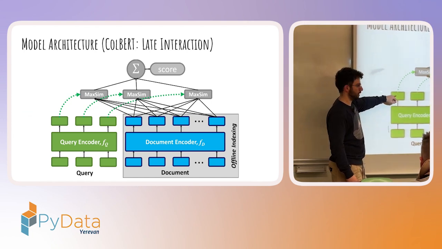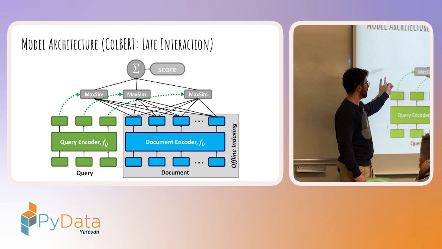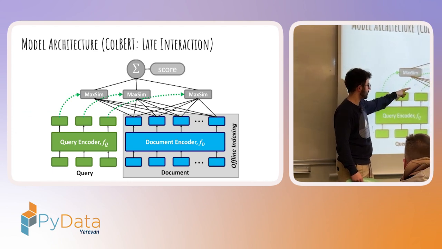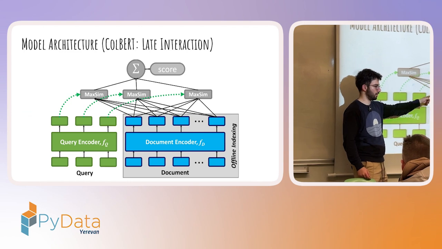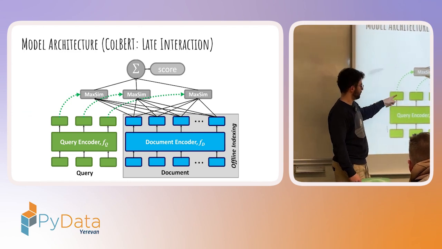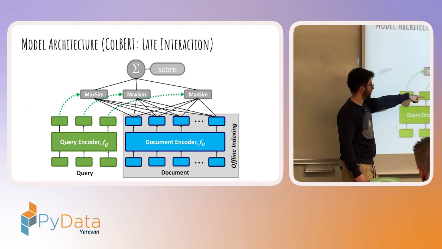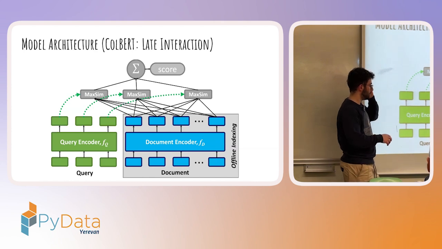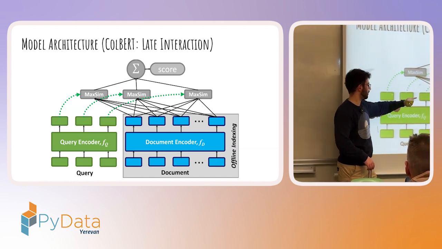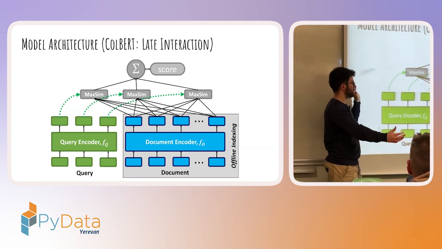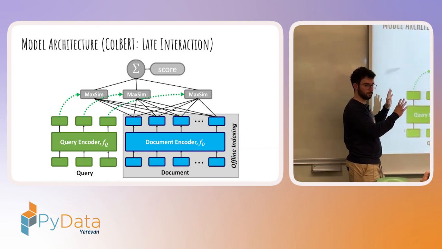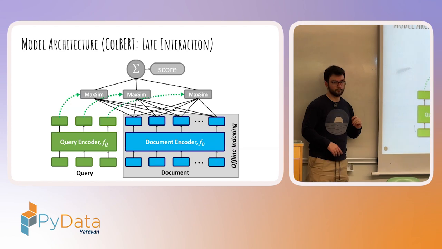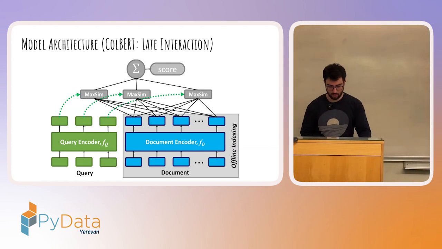For each query token, they calculate the maximum similarity between this specific query embedding and all document embeddings. For the first one they find the maximum similar one and get this score. For the second one, they do the same. For the third one, they do the same. And then they sum all together and get one score there. Clear? Yeah. Okay, this is the late interaction part.